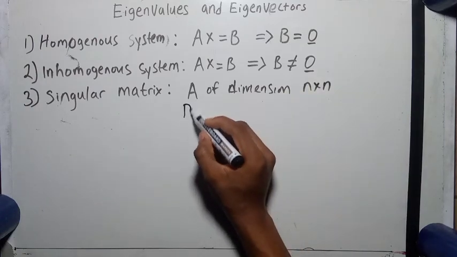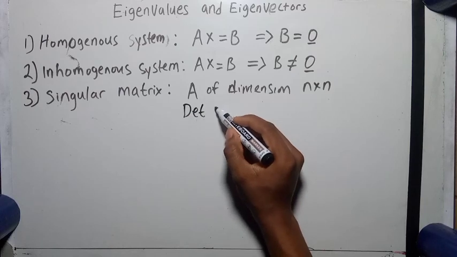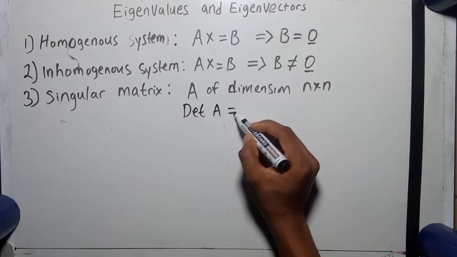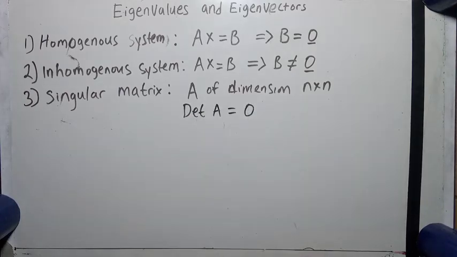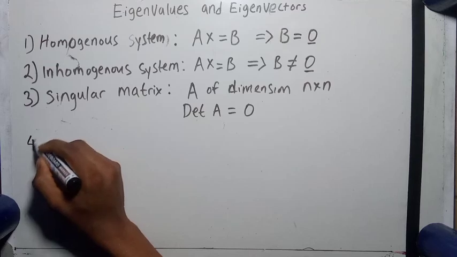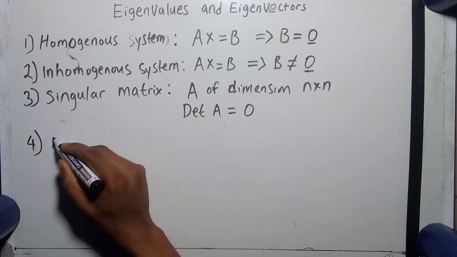If the determinant of A gives us 0, it is called a singular matrix.